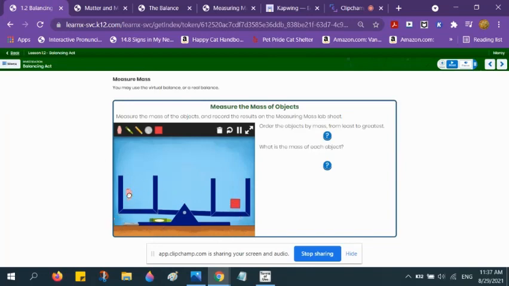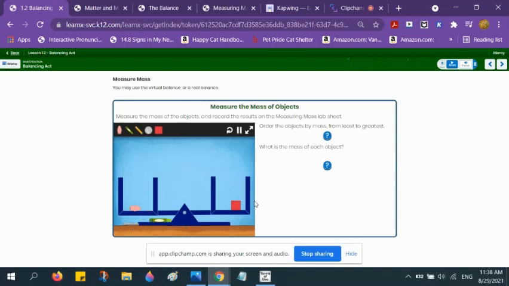Now let's see how the mass of the eraser compares to the cube right here. So what do you notice about this? Actually, they're balanced. Balanced, right?